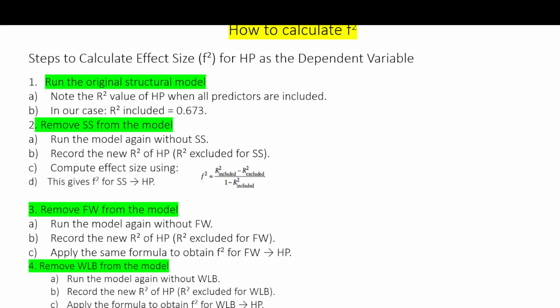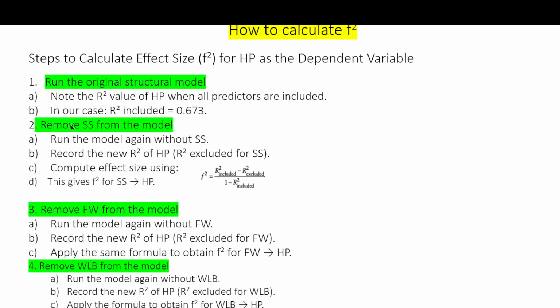Now what are the steps to calculate the effect size for happiness as a dependent variable? We have to follow certain steps. First, run the original structural model and note the R square value of happiness when all the predictors are included. In our case, we already computed this as 0.673.